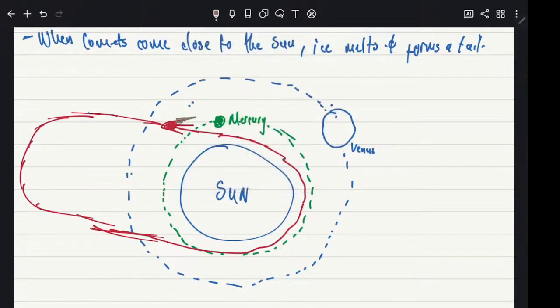Let's say this is your comet. You're going to see tails on the comet. This is what we meant. It looks like something that has tails. This is your comets. Look at how it goes around the sun. Sometimes it's close, sometimes it's far. It's not spherical.